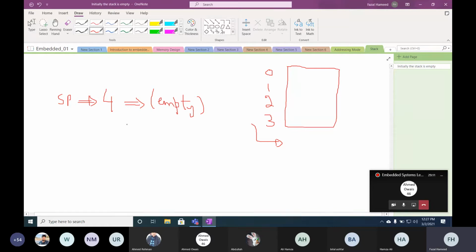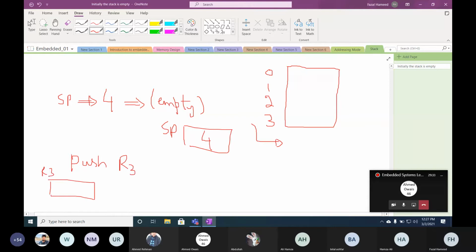Now let's assume we push one element. This stack pointer has a value of 4, which does not point to anything. When we push register R3, let's assume R3 has a value of 0x52.